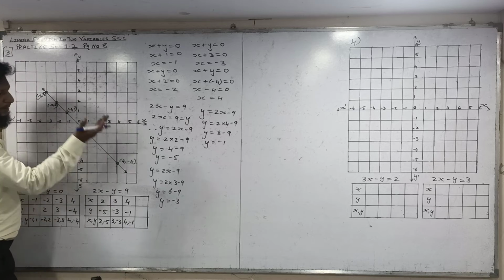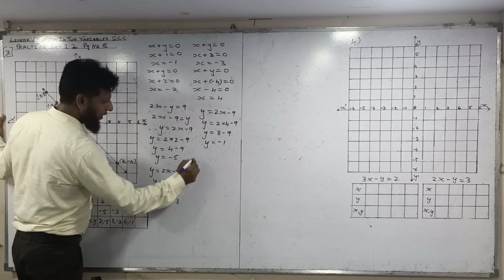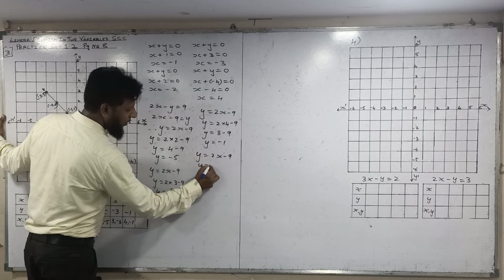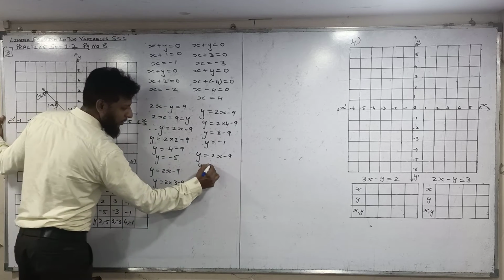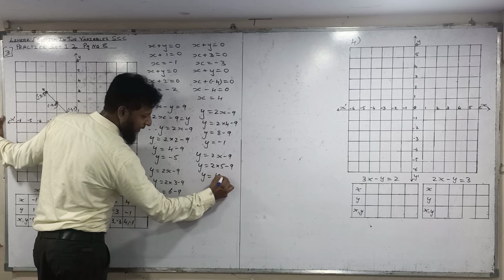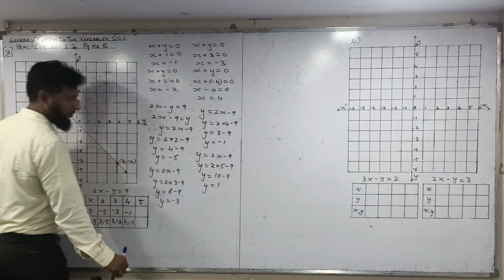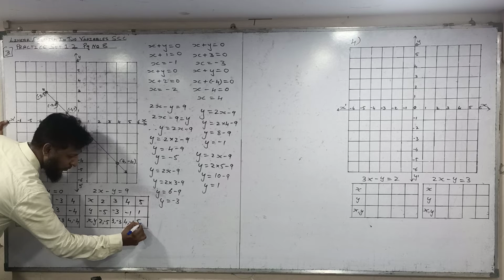Now again one more value, 2x minus 9, take x value 5, y is equal to 2 5s are 10 minus 9, y is equal to 10 minus 9, 1. So you get the y value 1 when x value is 5.